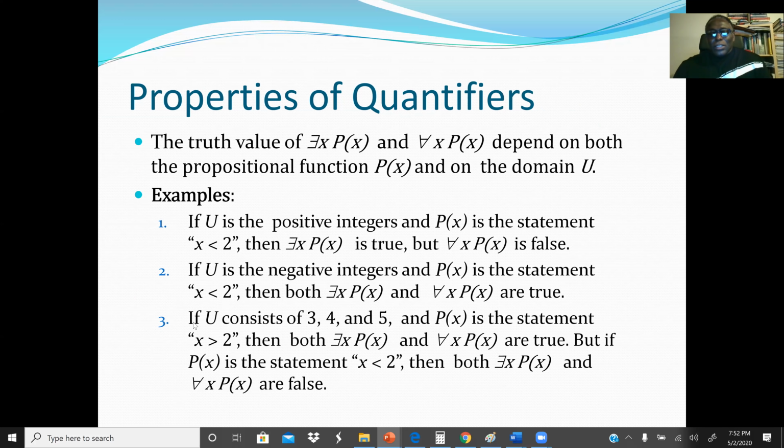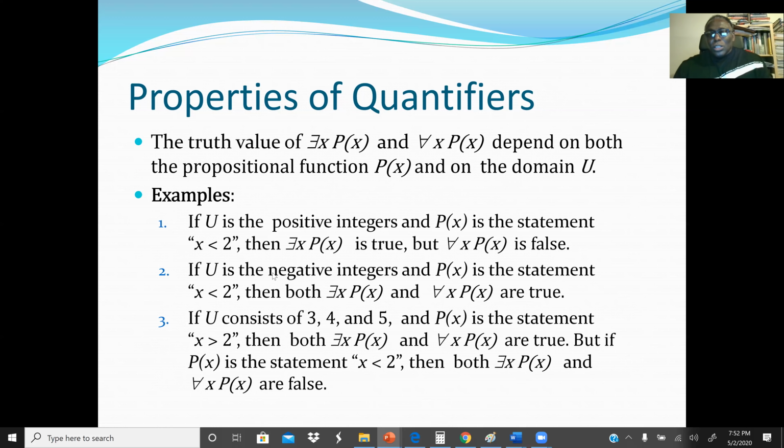So here we say that if U consists of only 3, 4, 5, and P(x) is the statement... one second, again, in number 2 here on my slide, I made a mistake. You see here, the condition said x is less than 2. So if x is less than 2, ∃x P(x) is true. Why?